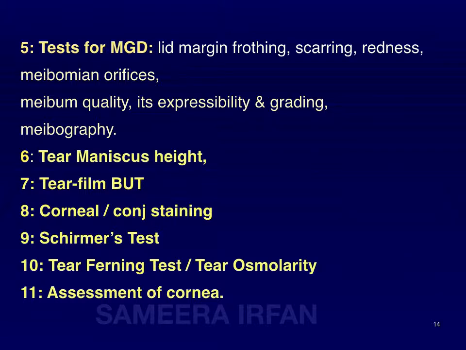Then the meibum should be expressed individually from each gland by gentle pressure on the lid margin, and the meibomian gland expressibility score should be mentioned in the notes, that is, how many glands were expressed, and out of these how many were appearing normal.